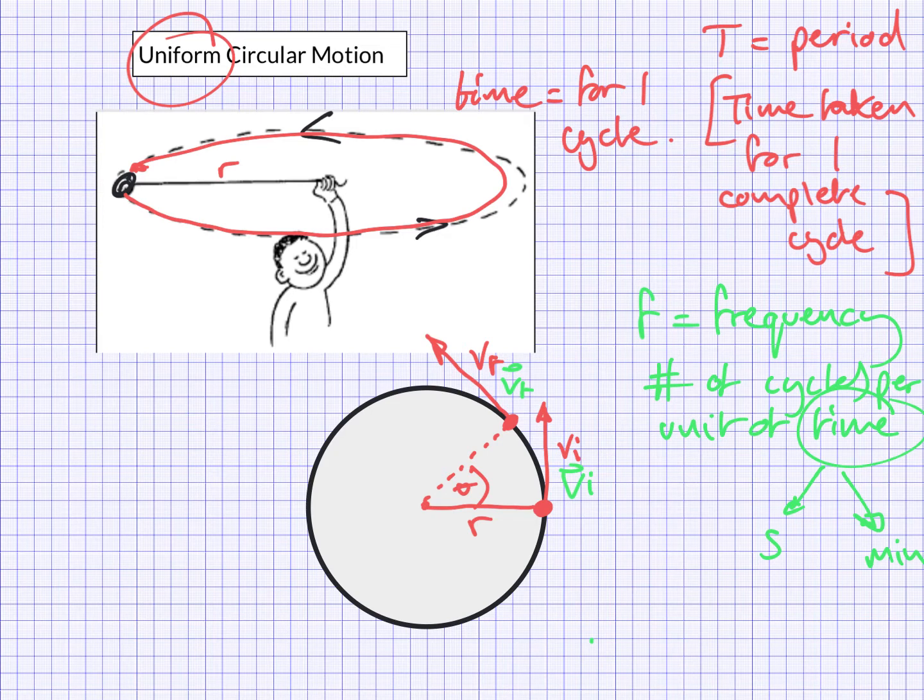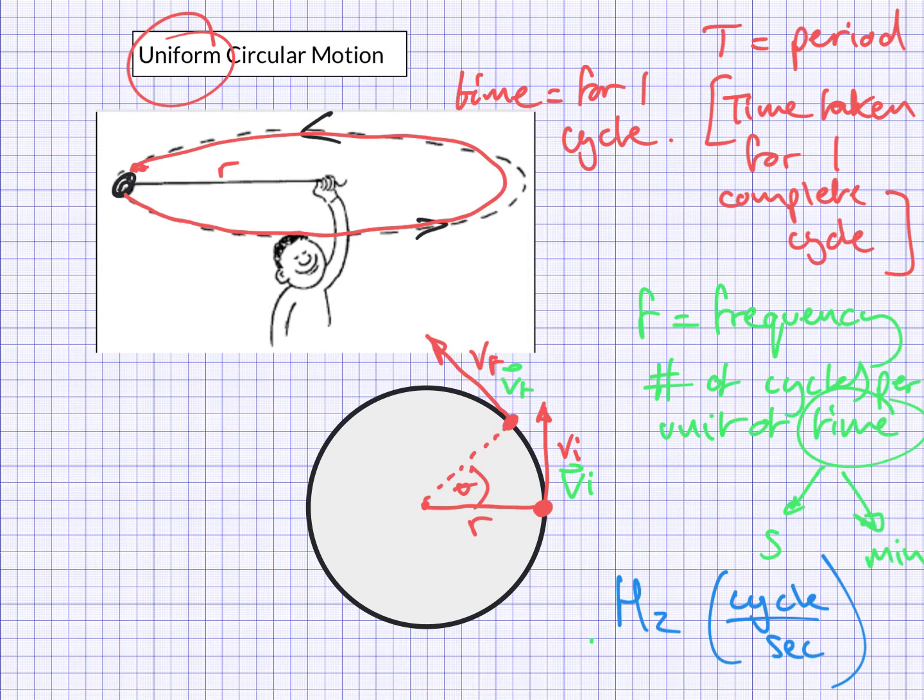Normally in physics, we use the unit hertz, which is one cycle per second. And that makes sense since the second is what we normally use when we're talking about speeds. It's a standard unit.